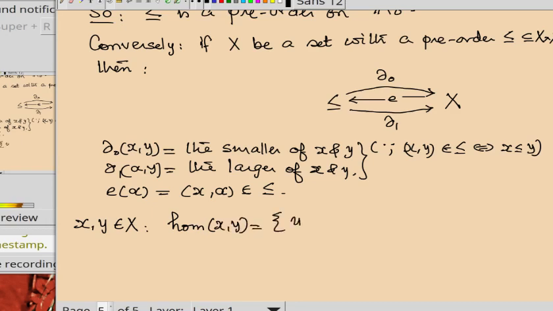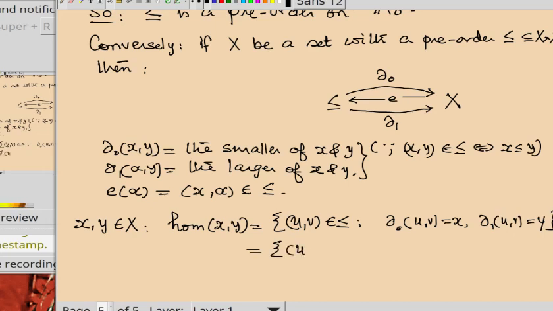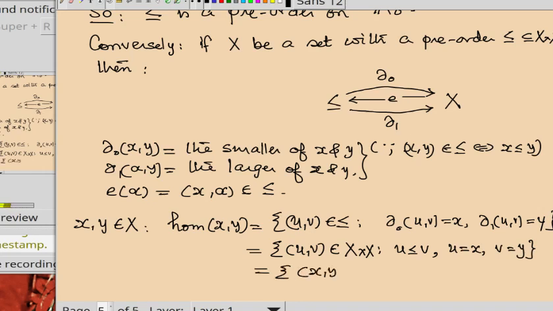This is exactly uv in this such that partial 0 of uv is x and partial 1 of uv is y. So this means uv in X cross X, firstly u is less than or equal to v, partial 0 of uv is u and v is y. So this is exactly nothing else but the pair xy.